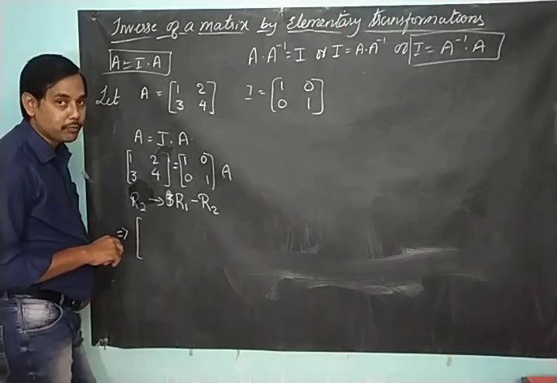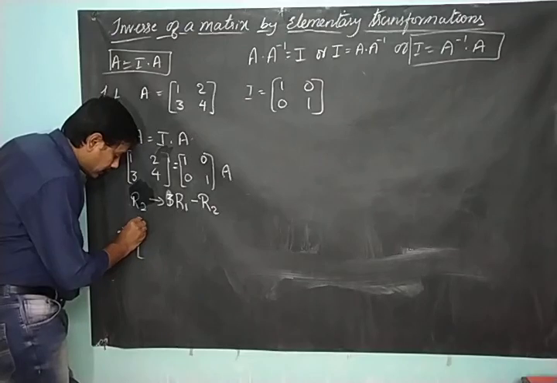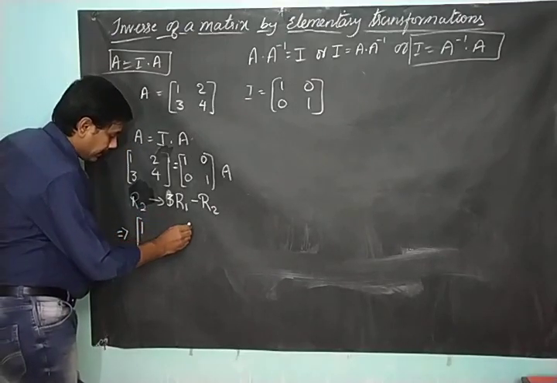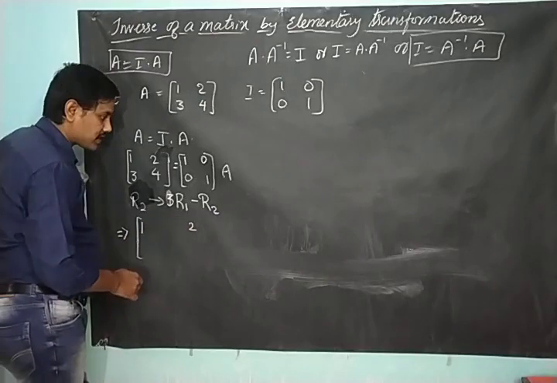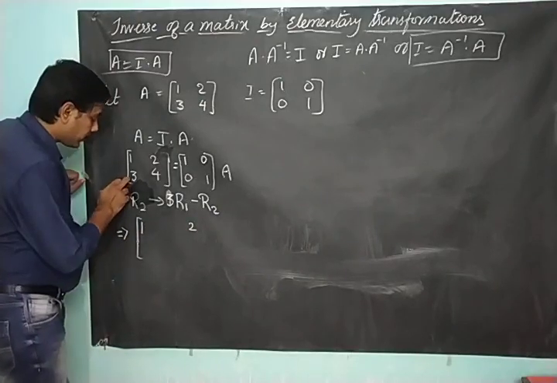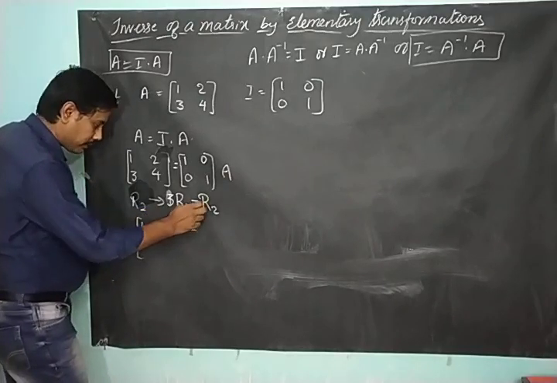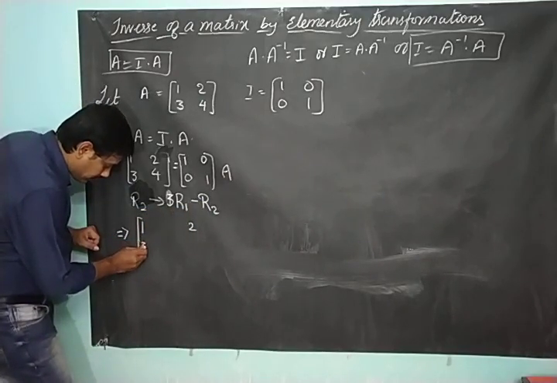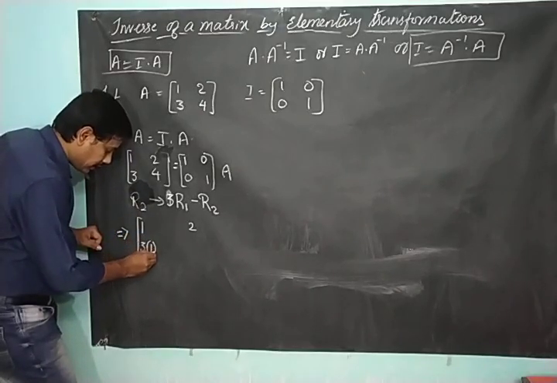We are applying transformations to R2, so R1 will remain unchanged. 1 as it is, we will write a little bit of distance, 2. Now this 3 will change according to this formula, 3R1 minus R2. 3 into, what is R1? 1.